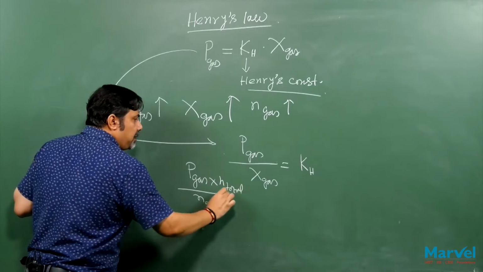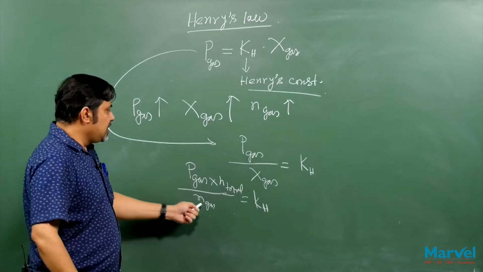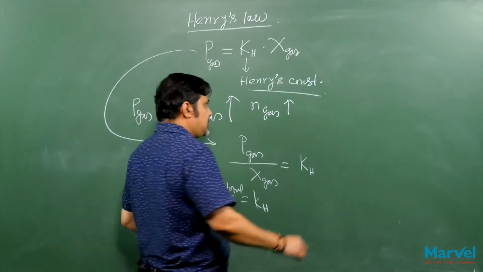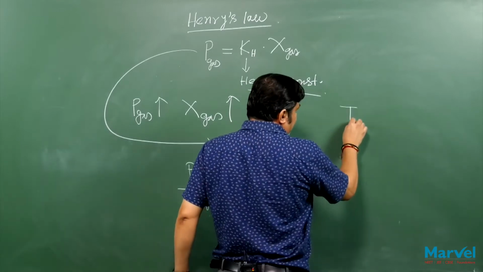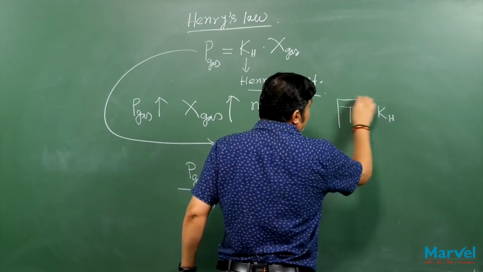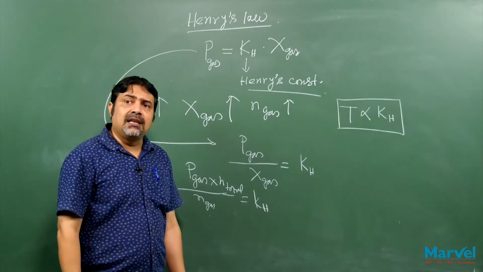So kH and the number of moles of gas are inversely proportional. And the temperature is directly proportional to kH, Henry's constant. This is the relation.